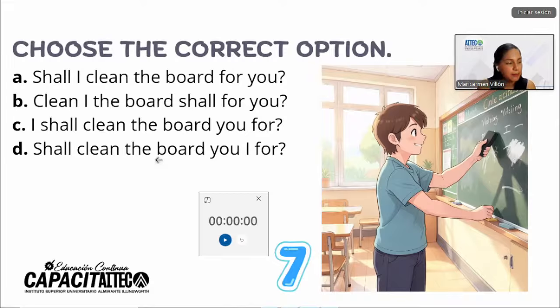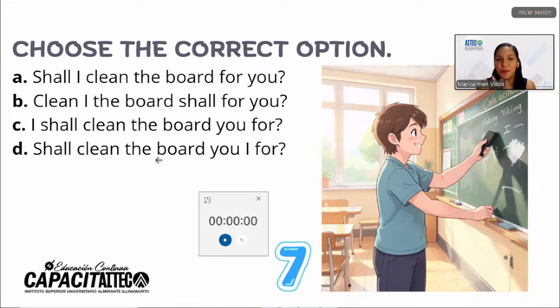Ahora que mañana de repente empieza a llover y necesita que le presten un paraguas. Could you borrow me your umbrella, please? Recuerden que prestar es borrow. Acuérdense que el objeto es el que recibe la acción.